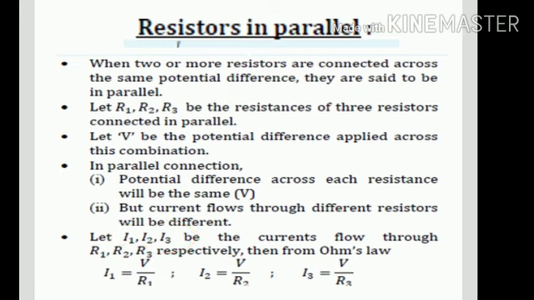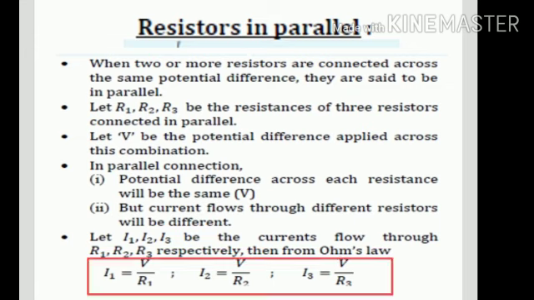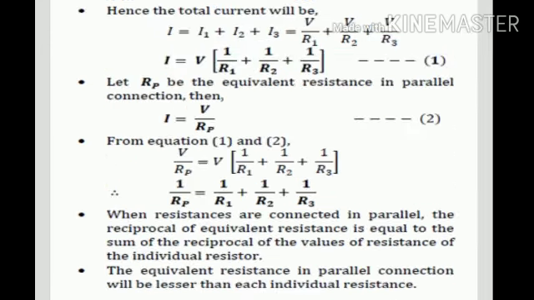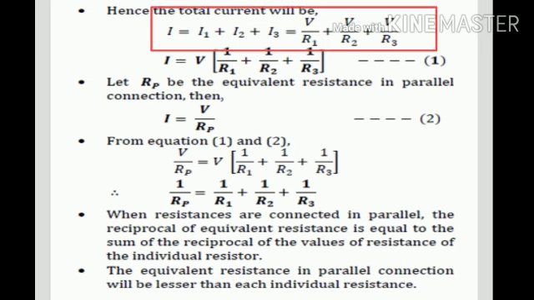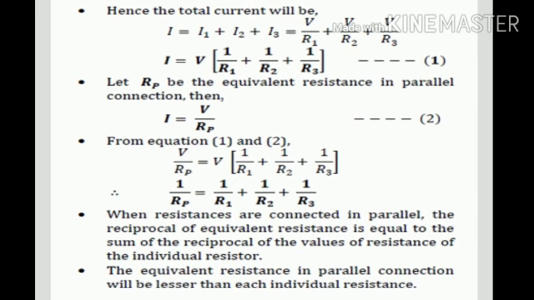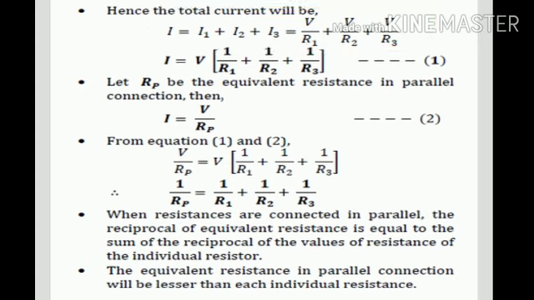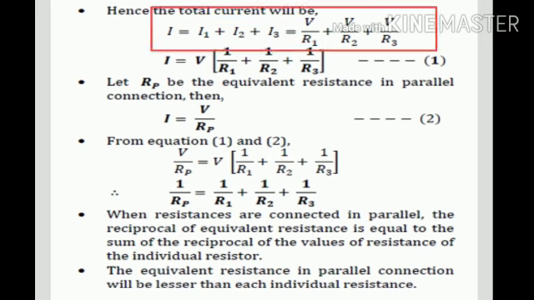Then from Ohm's law we can write I1 is equal to V by R1, I2 is equal to V by R2, I3 is equal to V by R3. Hence the total current will be the sum of the currents through each resistor, which can be written as I is equal to I1 plus I2 plus I3, which is equal to V by R1 plus V by R2 plus V by R3. Here V is common, take it out.